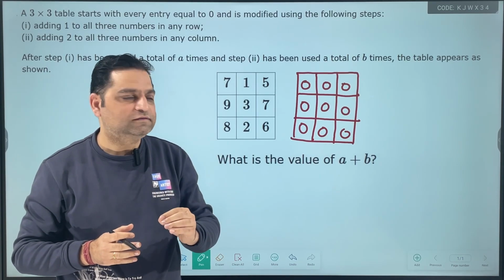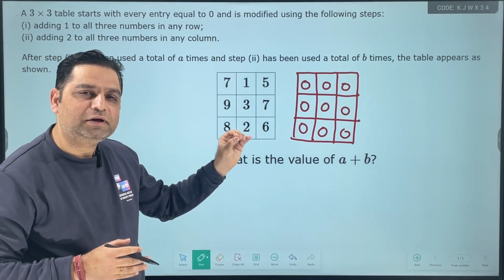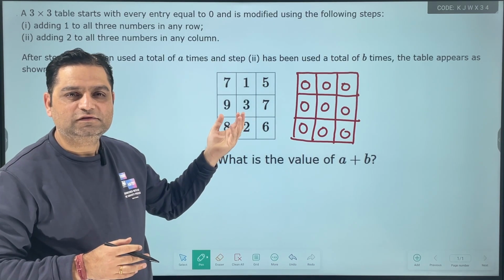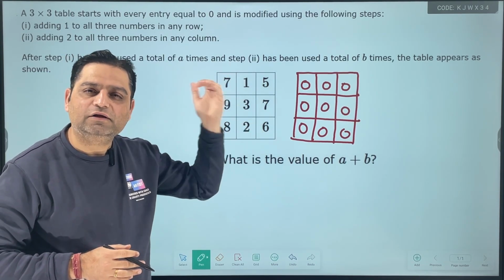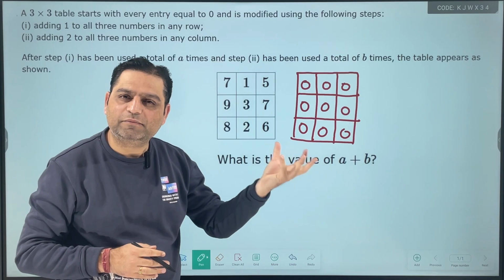They have just told us that a few changes have been made in this table. Sometimes changes are made in the row, sometimes changes are made in the column.